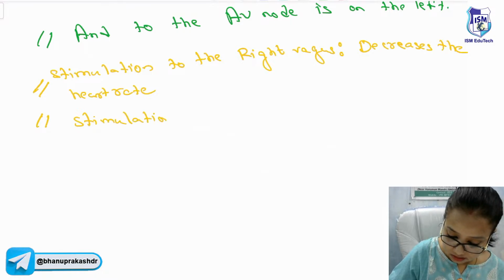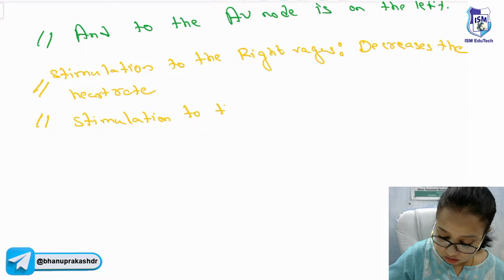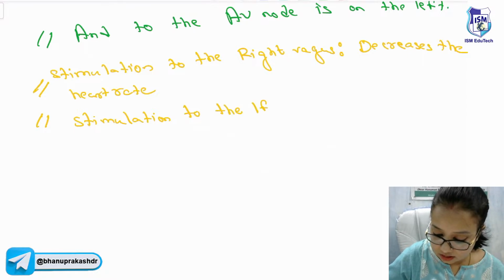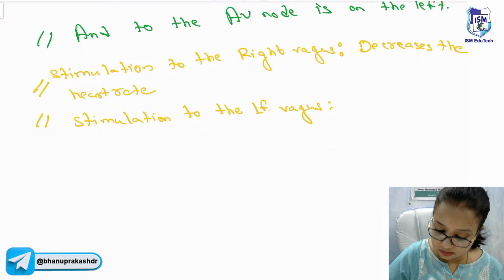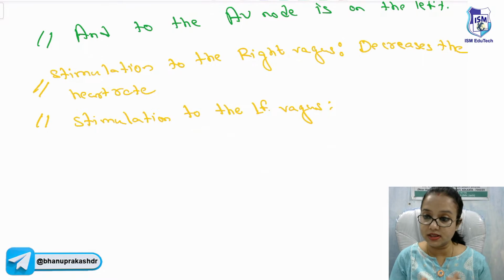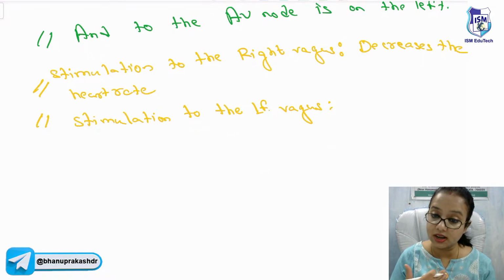Okay. Whereas stimulation to the left vagus, because the left vagus innervates the AV node, and what is the AV node's main function? Its main function is to conduct the impulse. Conduction of impulse is the main function of the AV node.